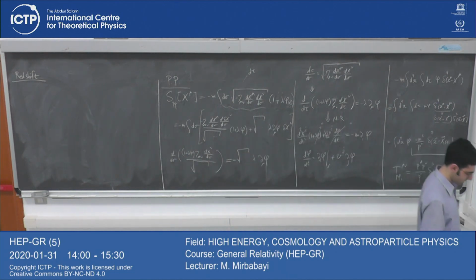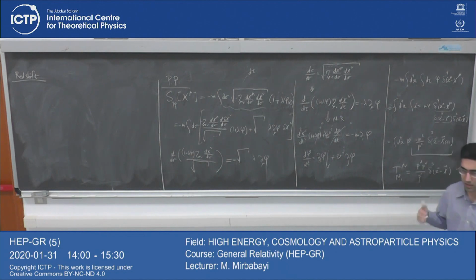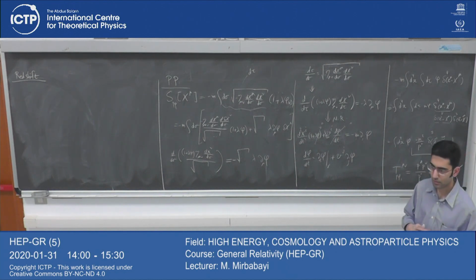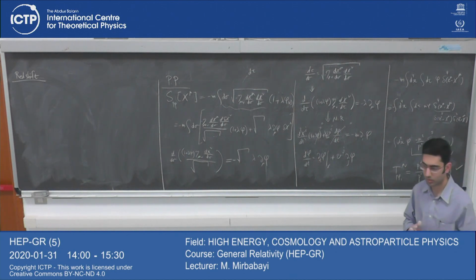So if we want to see whether this is a viable theory to describe nature, to describe our world, we have to work on the non-relativistic predictions of this theory to see whether they agree with what we observe or not. By construction, it agrees with everything Newtonian.